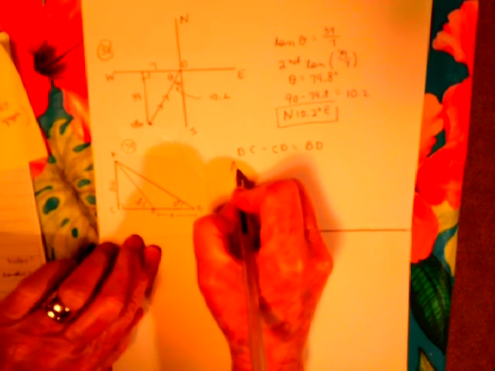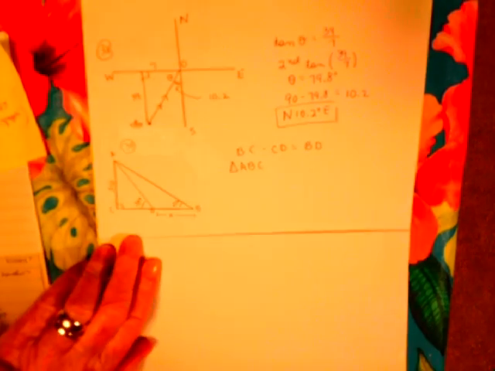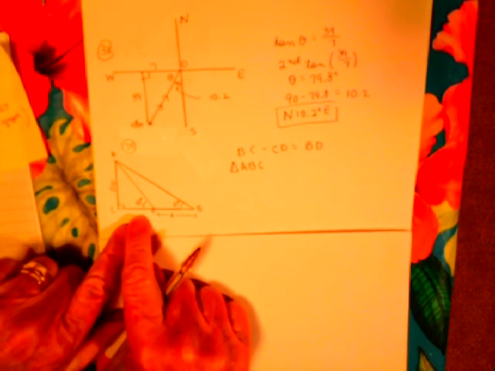Start with triangle ABC, so this biggest triangle. You are given the opposite side. You want to find the adjacent side. Find BC. Which trig function should you use?